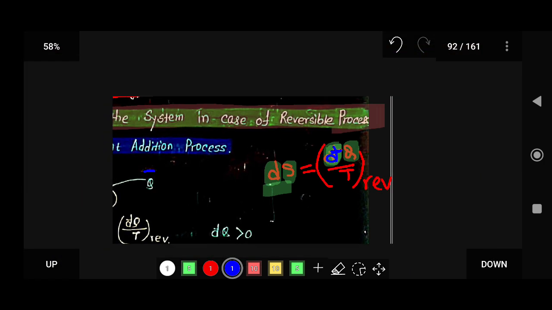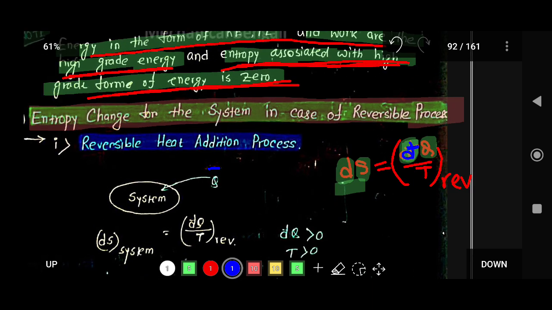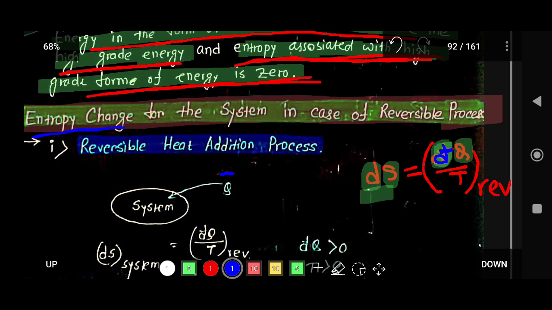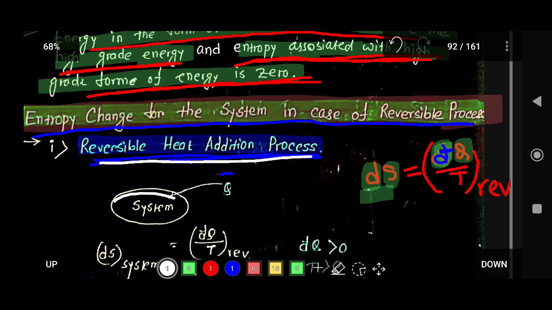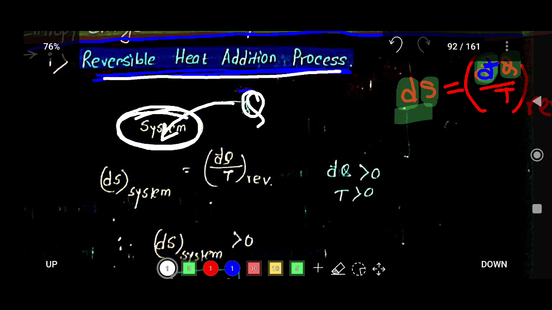Now let's try to understand the entropy change for the system in case of a reversible process. First, consider a reversible heat addition process. This is our system, and some heat is transferred from the surroundings to the system across the boundary.